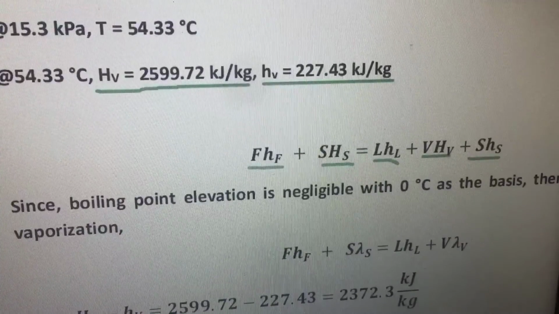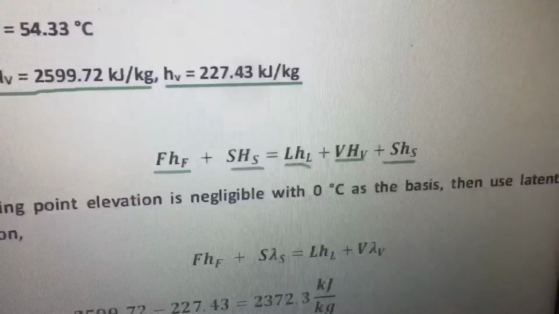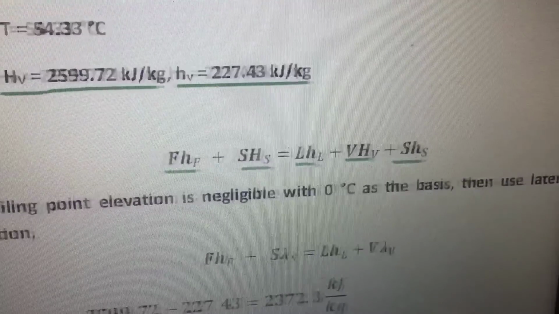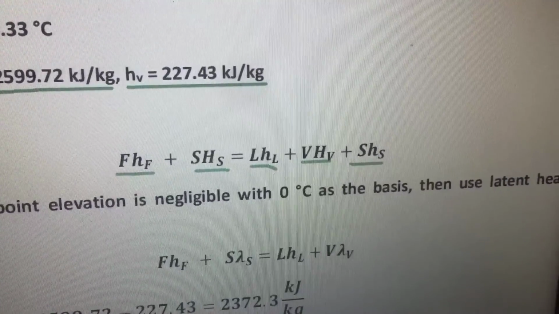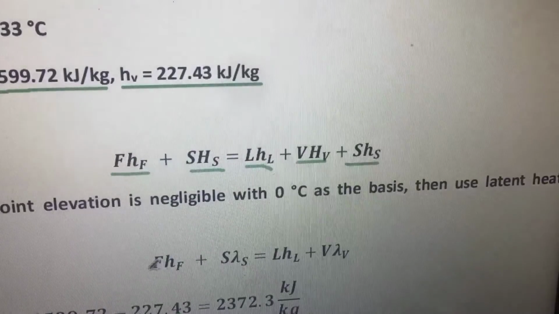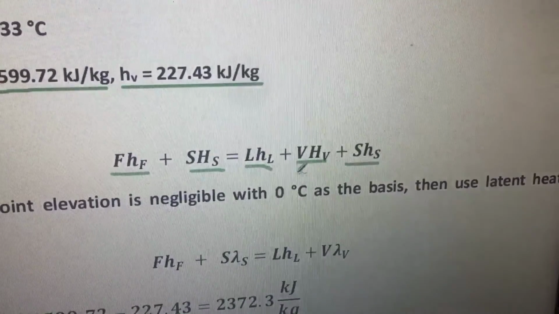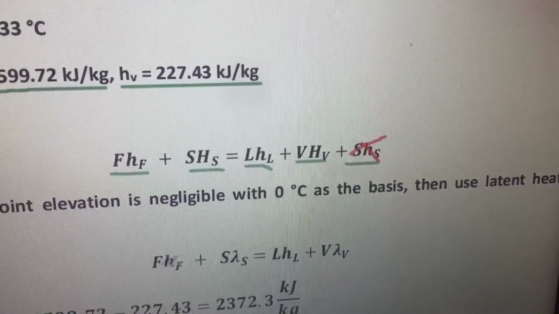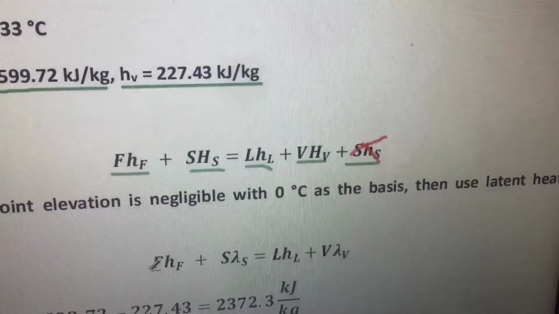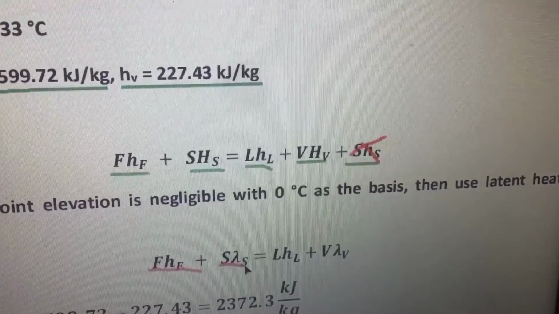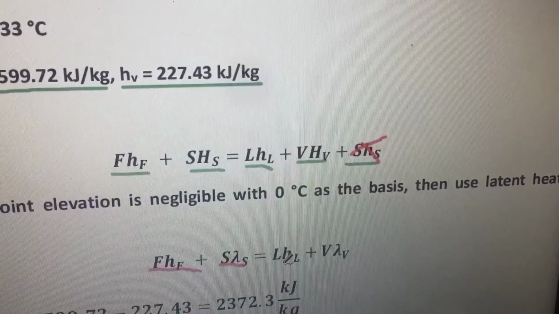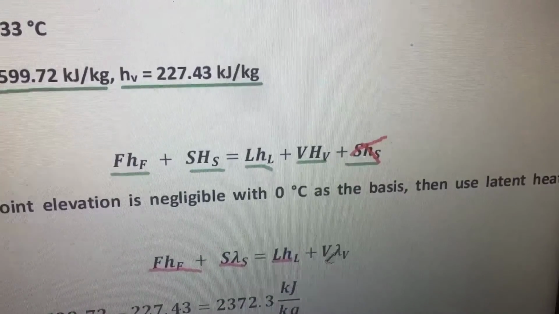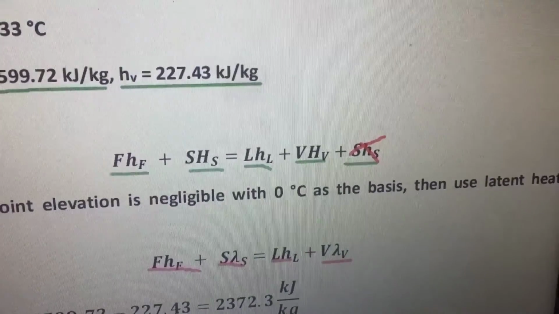Since boiling point elevation is negligible, with 0 degrees as the basis, we should use latent heat of evaporation. So in our first equation, we're going to cancel the sensible heat of the steam. We have our new equation, which is the enthalpy of the feed plus the latent heat of the steam equals the enthalpy of the liquid plus the latent heat of the vapor.